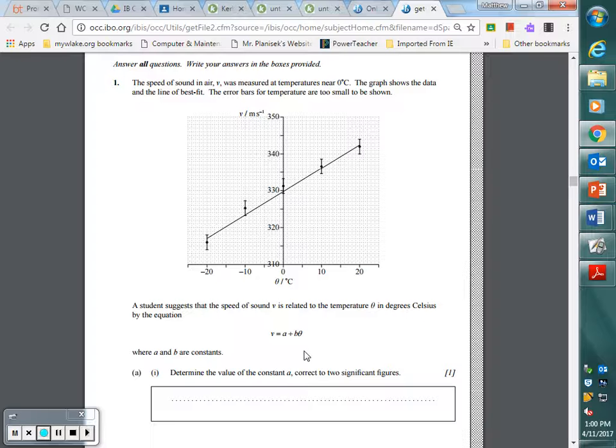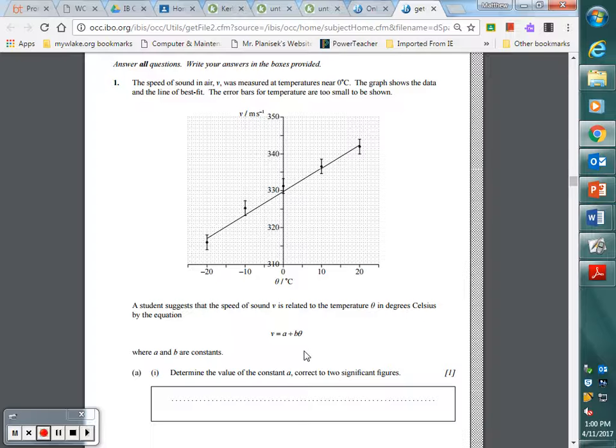All right, it says, determine the value of the constant a correct to two significant figures. We said that a represents the y-intercept, so it's pretty easy. Go up here, there's 320. Each horizontal line is 1 meter per second. We're probably between 329 and 330.